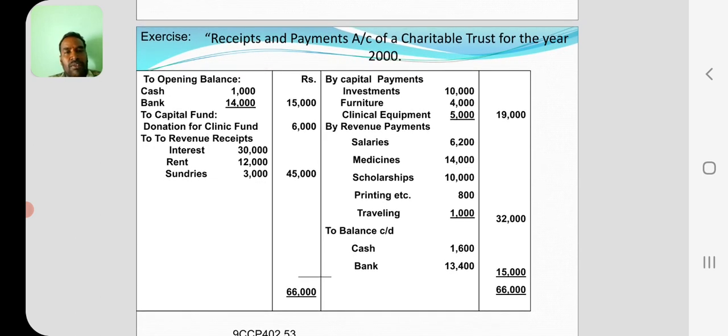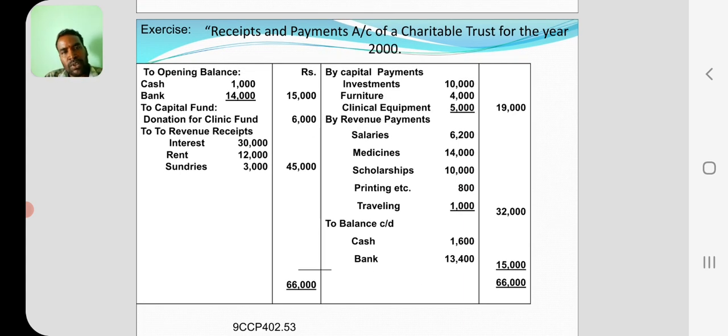With this, we have to prepare income and expenditure, and later on the balance sheet. As discussed in previous classes, the receipts and payments account starts with opening balances of cash and bank and ends with closing balance of cash and bank.